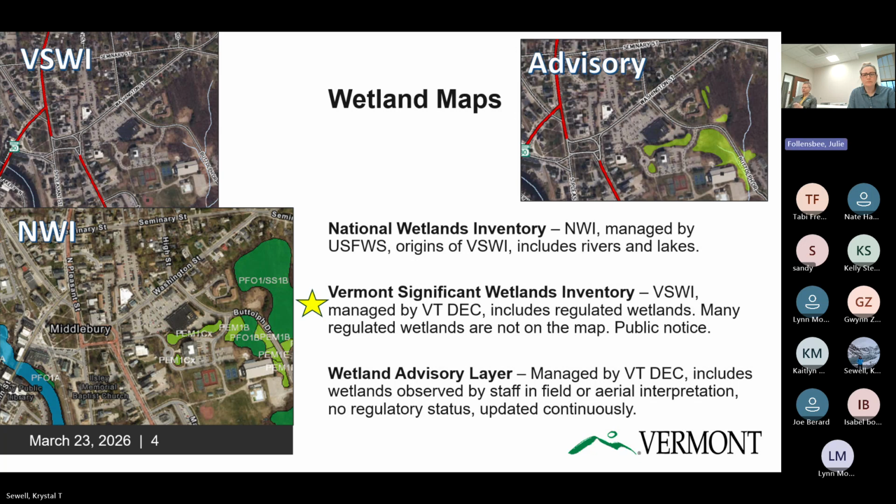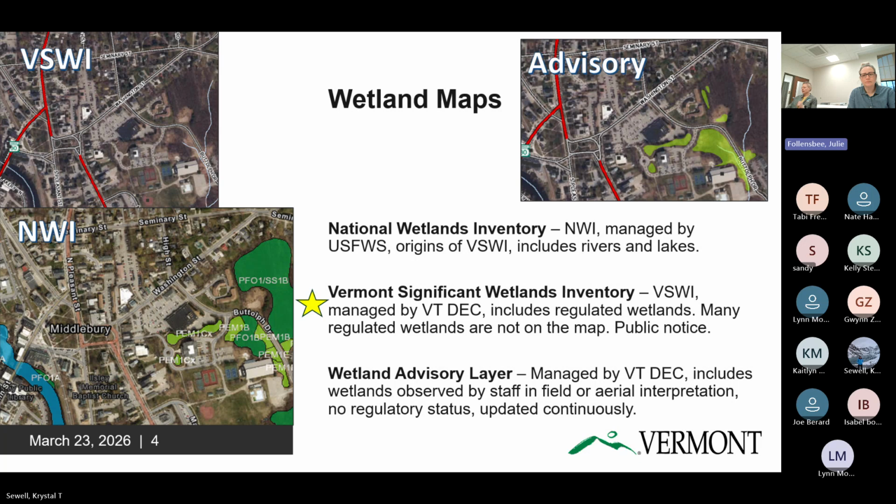The advisory layer is an informal, non-regulatory layer managed by Vermont DEC, is available to the public, and is regularly updated with staff field observations and aerial interpretation to provide a flexible tool to assist the public in visualizing wetlands.